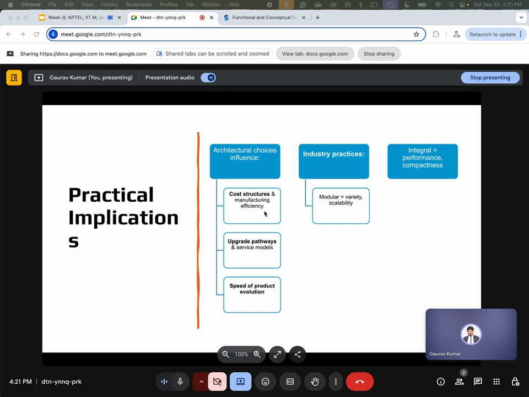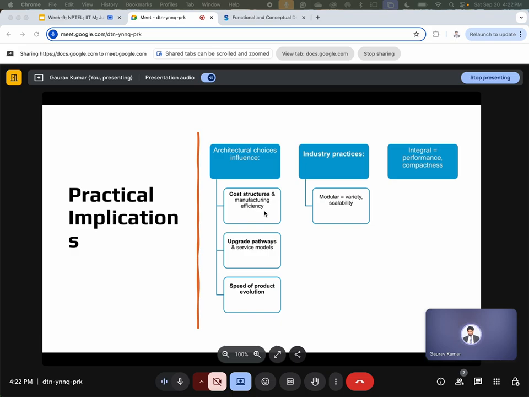Decisions made during the design stage directly influence the efficiency in our production and customer satisfaction during use. Modular products often enable companies to introduce new variations quickly and cost effectively, making them ideal for markets with a high variety.